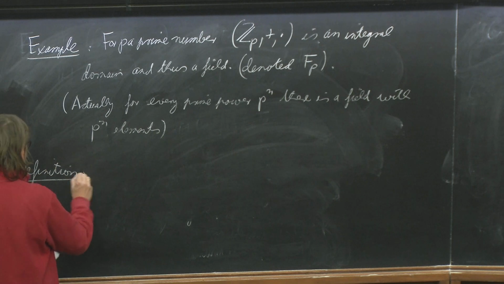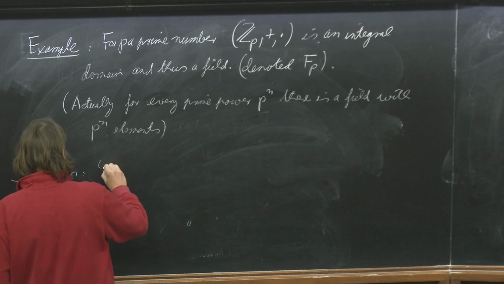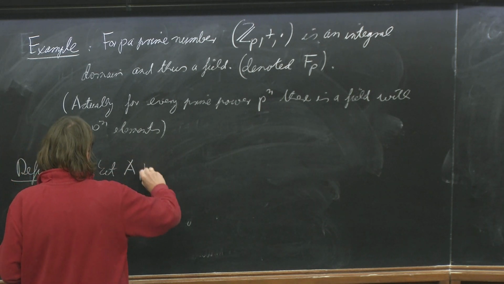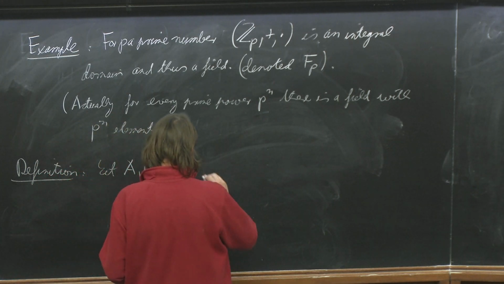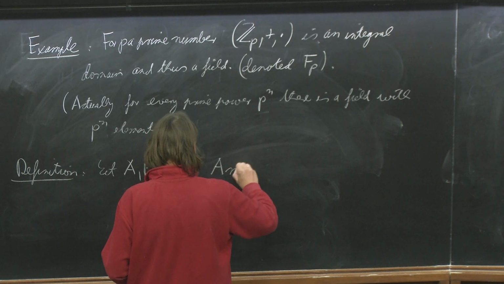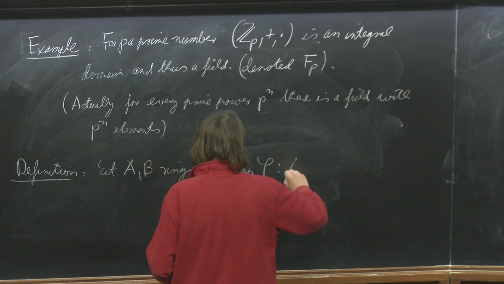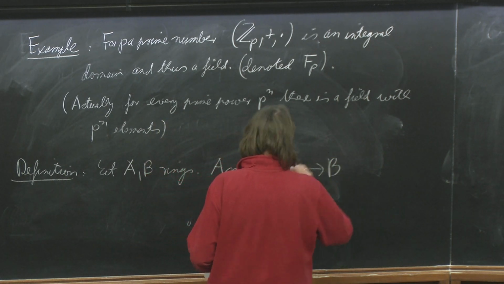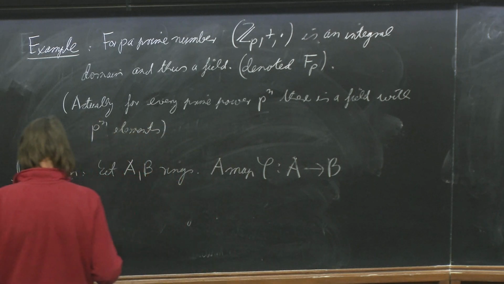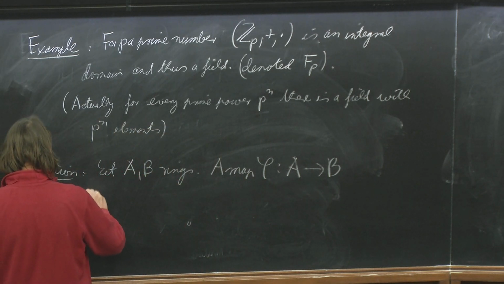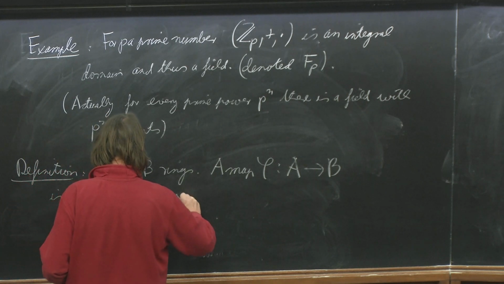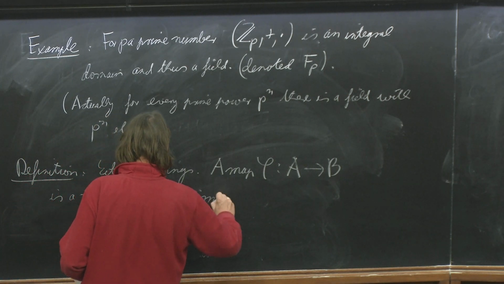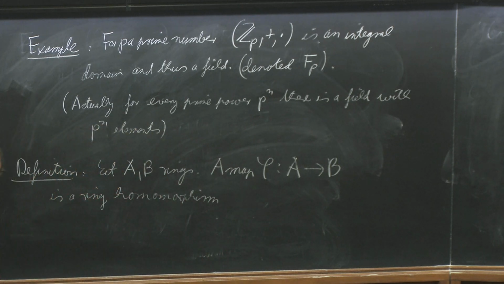Definition: let A and B be rings. A map phi from A to B is called a ring homomorphism if it's compatible with addition and multiplication, in the sense that the sum goes to the sum and the product to the product.